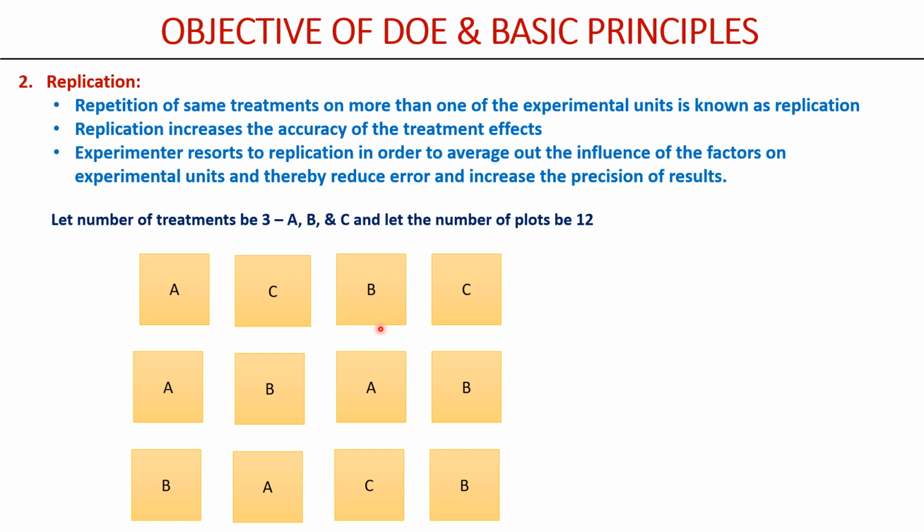In case we get a lot of variation between the results in two or three attempts, that means the initial basis for setting up the experiment itself is wrong. So, randomness removes bias, replication ensures consistency, and let's look at two more.